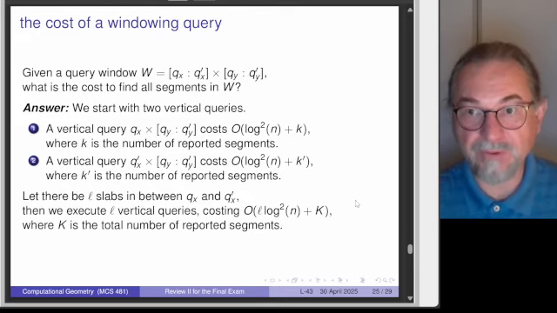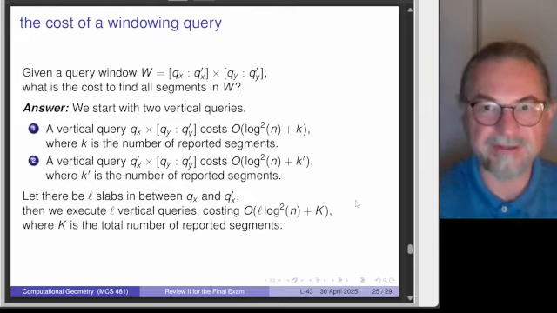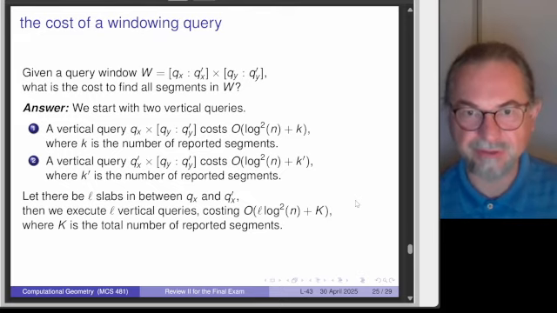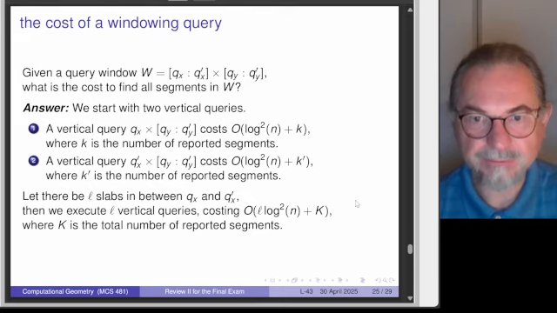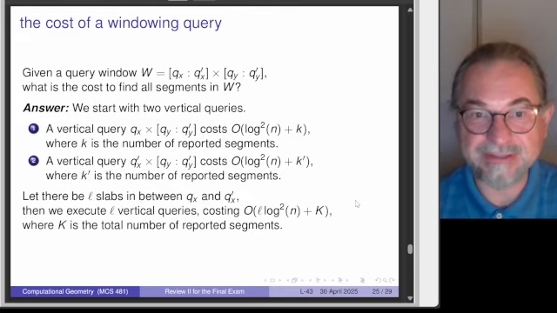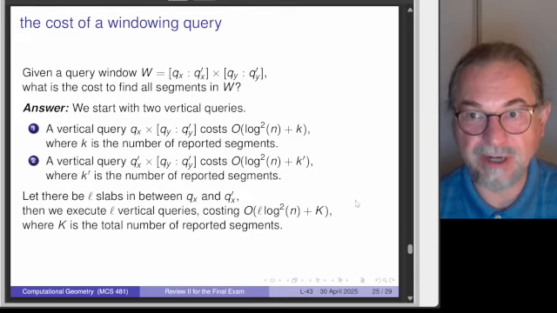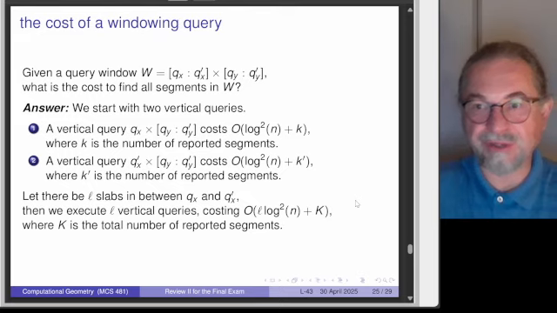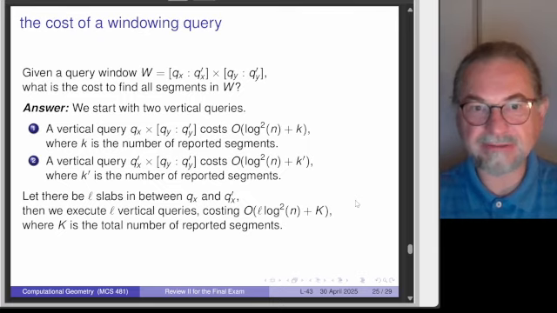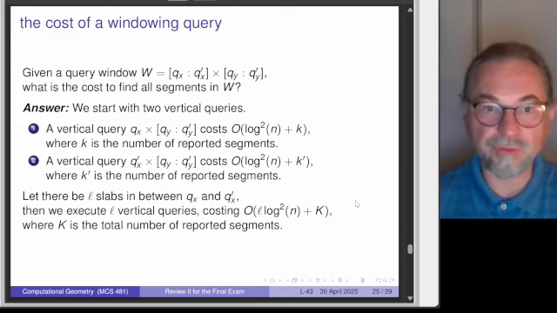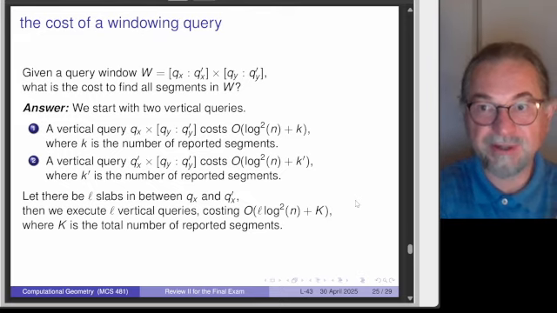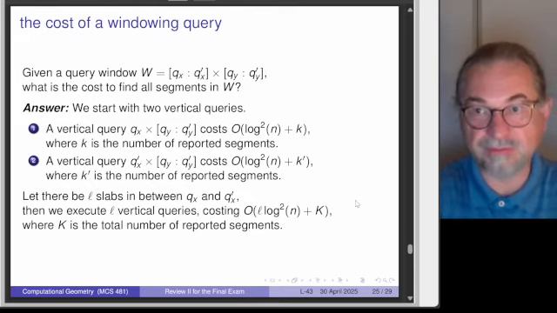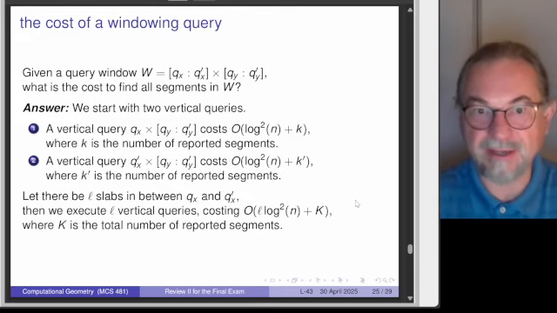So I'm copying from a statement of the theorem. I did not state the theorem on the slide that was prior, but that is a result that we are using here. Now this theorem was on vertical queries, where you don't have a range, but actually you have only one x, so you don't have an interval. So you have to do a query not only on one bound, but you have to do many of them.